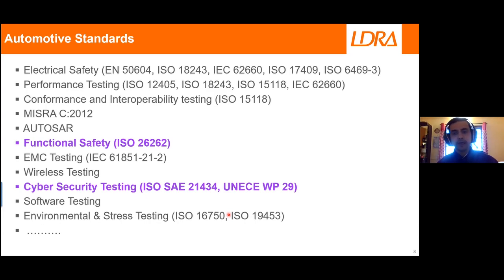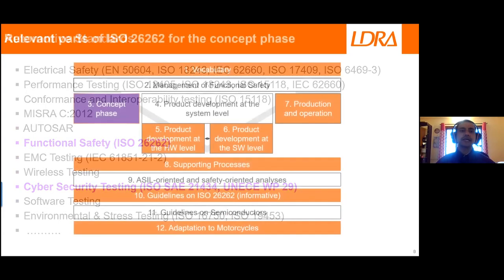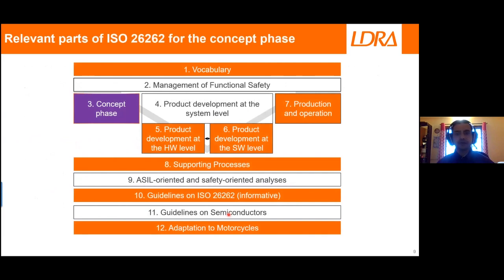If you go back to 26262, many of us have seen this in the past and gone through it with multiple approaches. It has 10 parts, 11 parts, 12 parts, different versions of 26262, which talk about different levels.